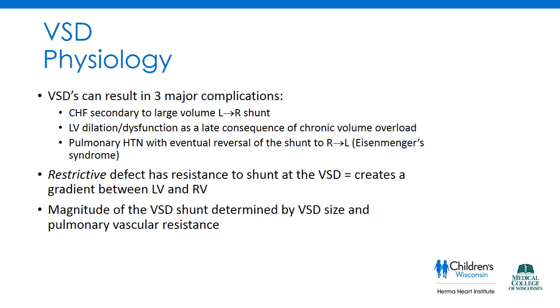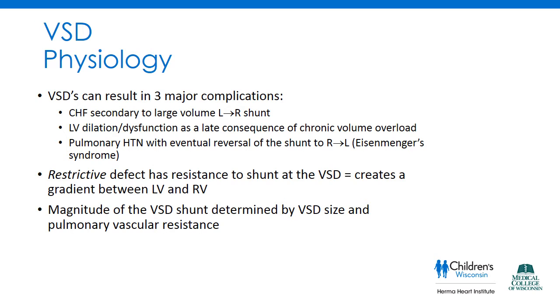So the physiology of VSDs can result in 3 major complications. One is congestive heart failure, abbreviated CHF, secondary to a large volume left to right shunt. This can result in pulmonary overcirculation, or increased pulmonary blood flow, so they can get edema in their lungs.